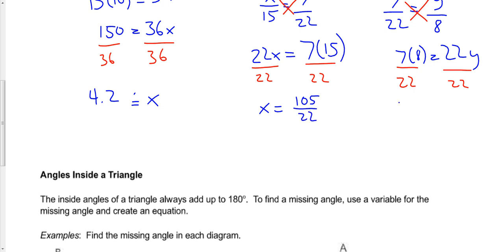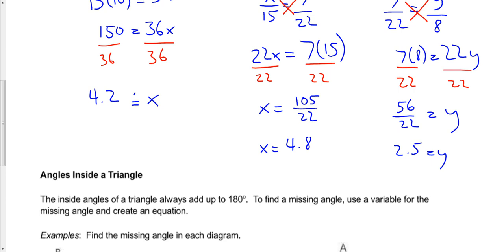And I'm going to have 56 over 22 is equal to y. Okay. So 105 divided by 22, where I get x is equal to 4 decimal, I'll call that 8, and y is going to be equal to 56 divided by 22, happens to be 2 decimal 5 approximately.